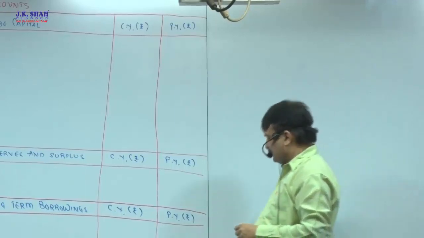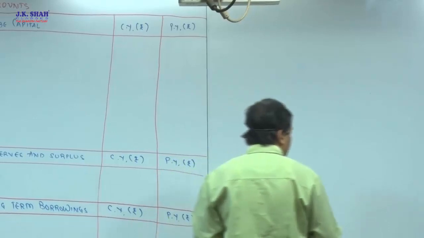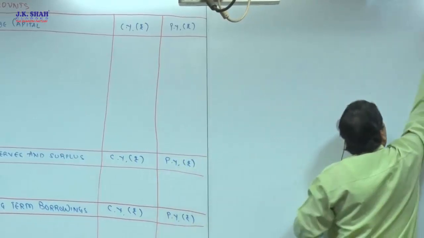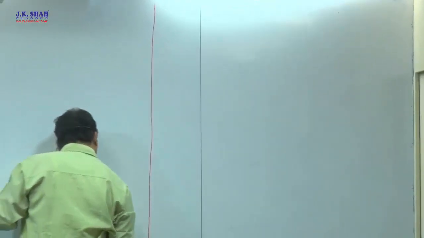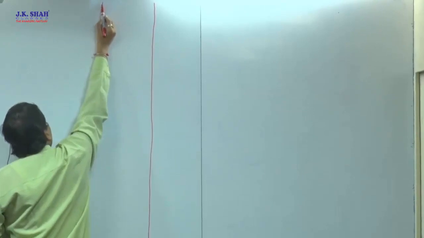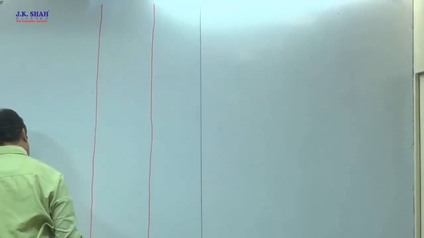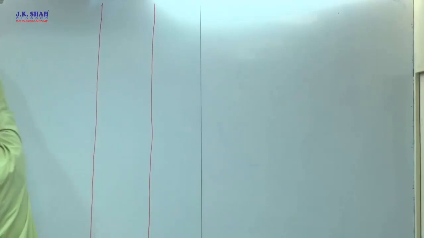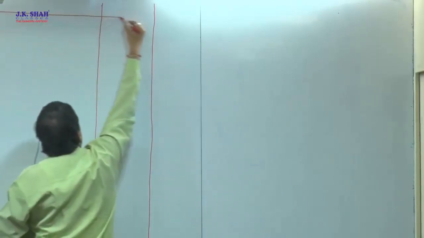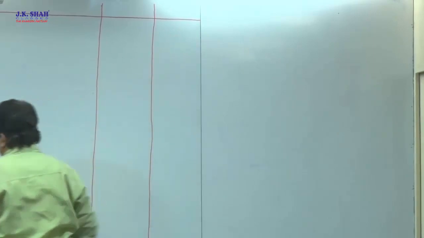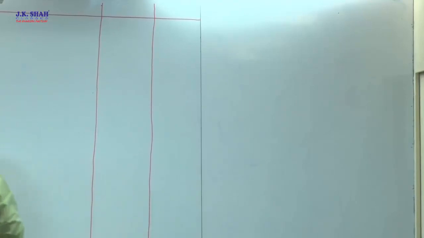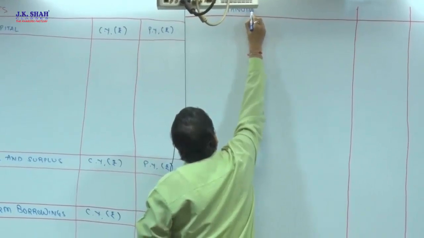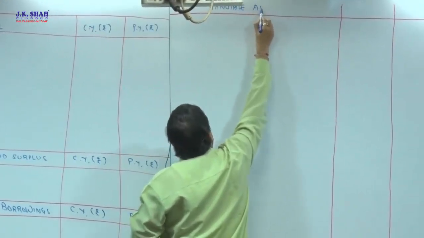Tangible assets. Around 20 lines. Continue.